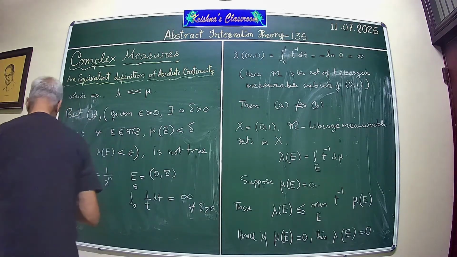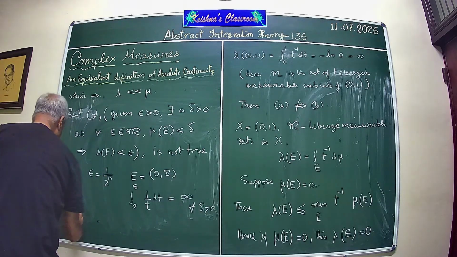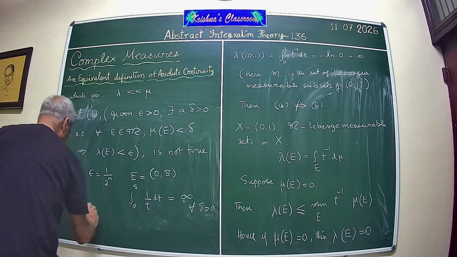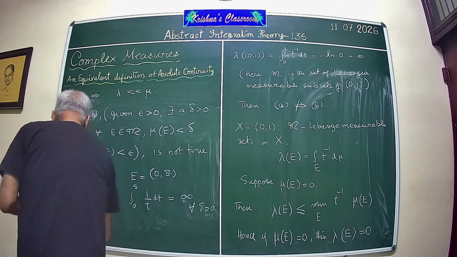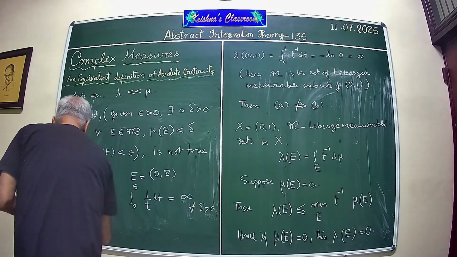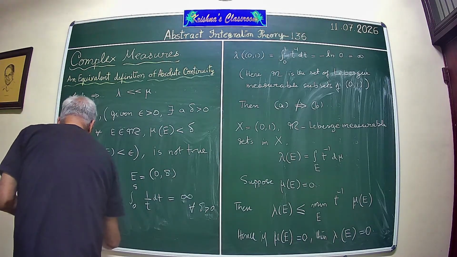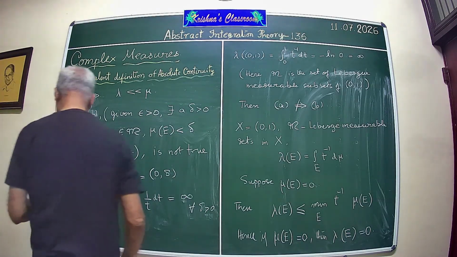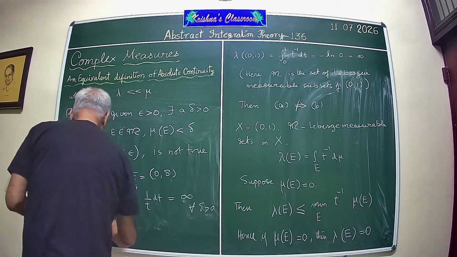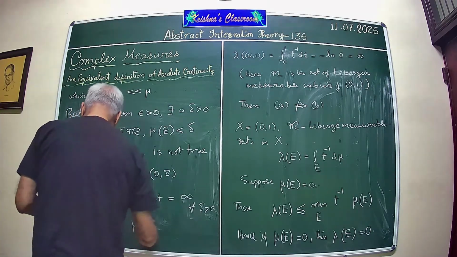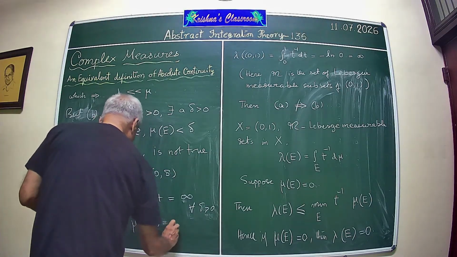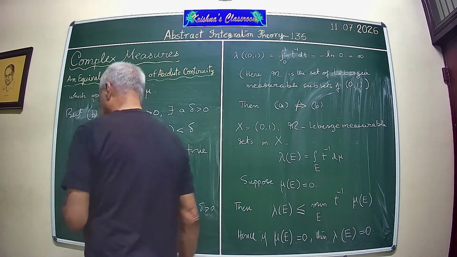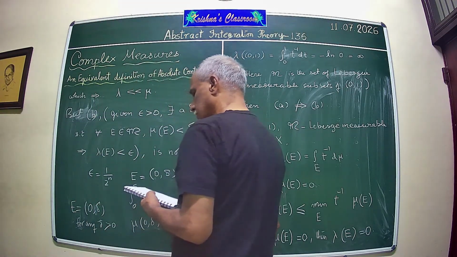That means if you take E to be the interval (0, delta) for any positive delta, mu of E is equal to delta, which is positive.